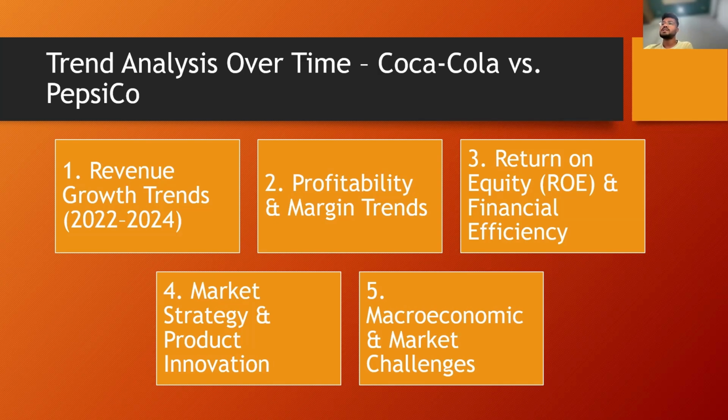For Coca-Cola, faced consumer boycotts in Muslim-majority countries impacting local sales, managed inflation pressures by leveraging premium pricing and brand loyalty. For PepsiCo, impacted by rising raw material costs, especially for snacks and beverages. Shift in US consumer demand towards healthier alternatives affected traditional soft drink sales.